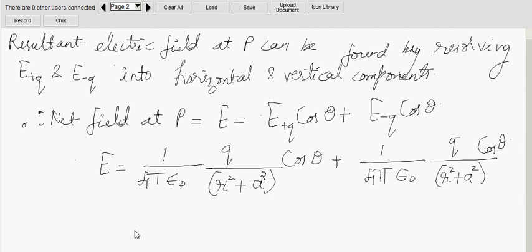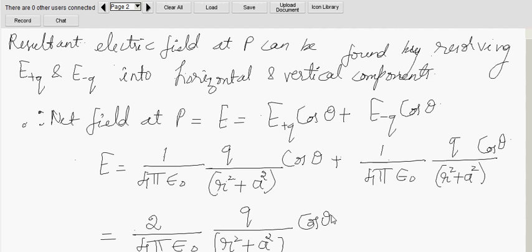So this is 2 divided by 4 pi epsilon naught into q divided by r square plus a square into cos theta. Now substitute for cos theta.